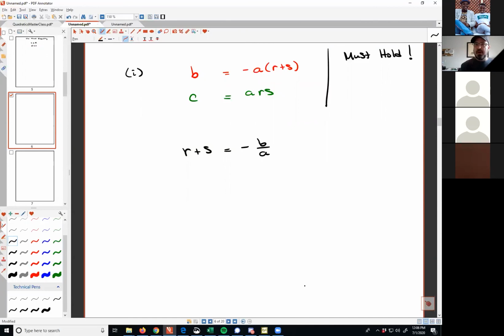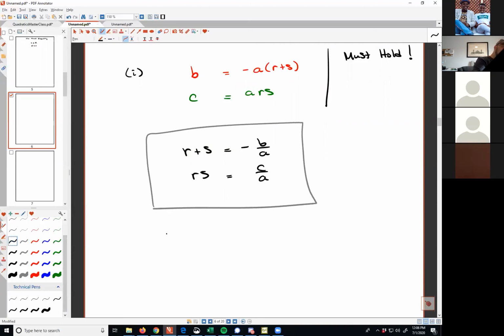And we take the second equation and we divide it by a, and we get r times s equals c over a. And these are sometimes called Vieta's relations or Vieta's identities.